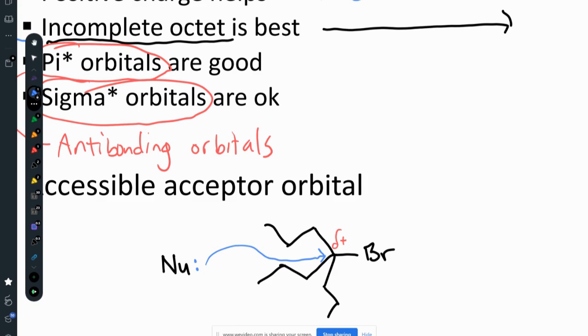How easily is that nucleophile going to be able to get there and attack that positive charge?